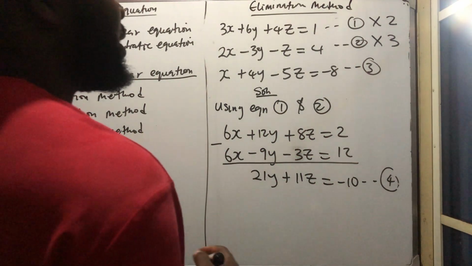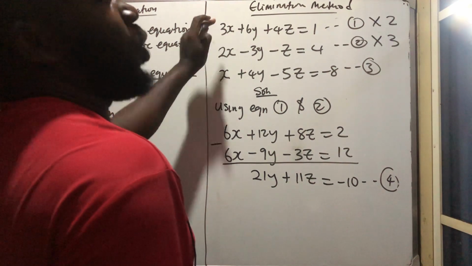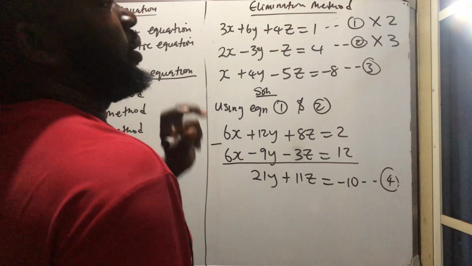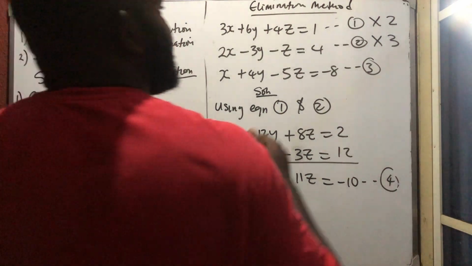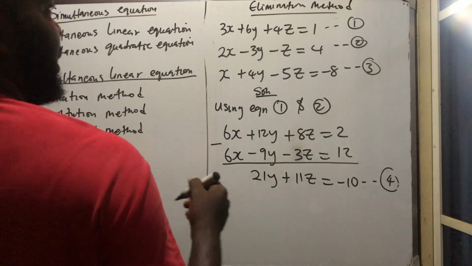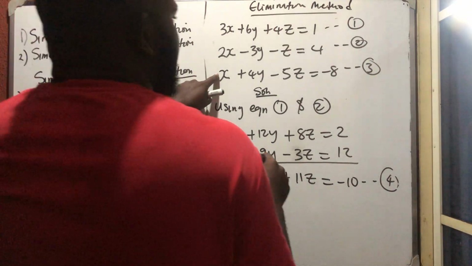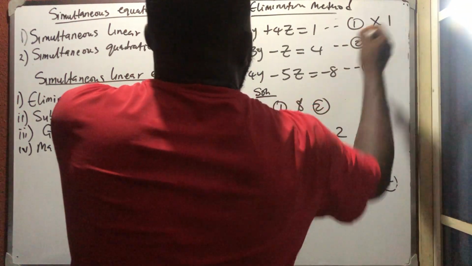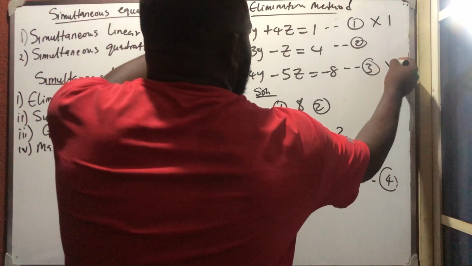Now what do we do? After using 1 and 2, you still use 1 and 3 or 2 and 3, any one you like, you still get the same result, to get your equation 5. So now I'm going to use 1 and 3. The coefficient here is 1, so I'll multiply these by 1. The coefficient here is 3, I'll multiply these by 3.